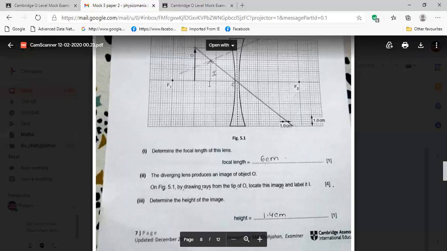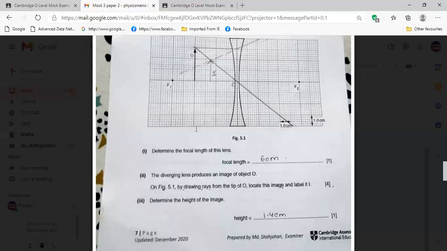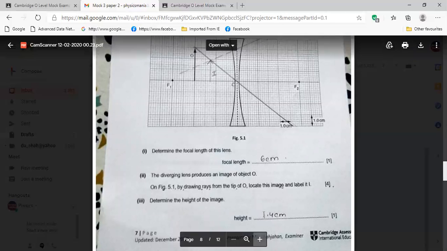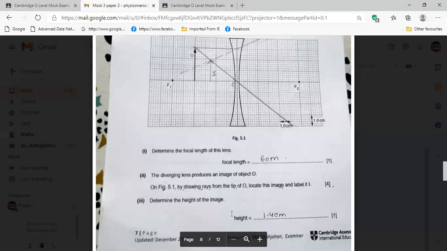Because 5 small squares is 1, so you took 4 small squares, and 4 small squares should be 0.8, right? So it should be 1.8.